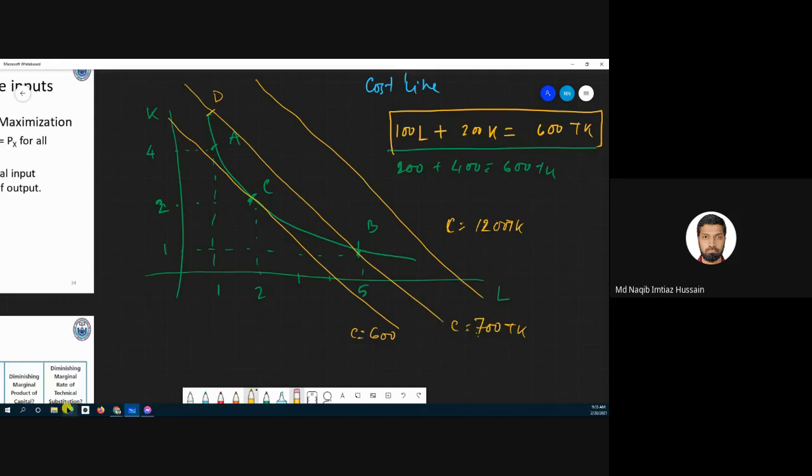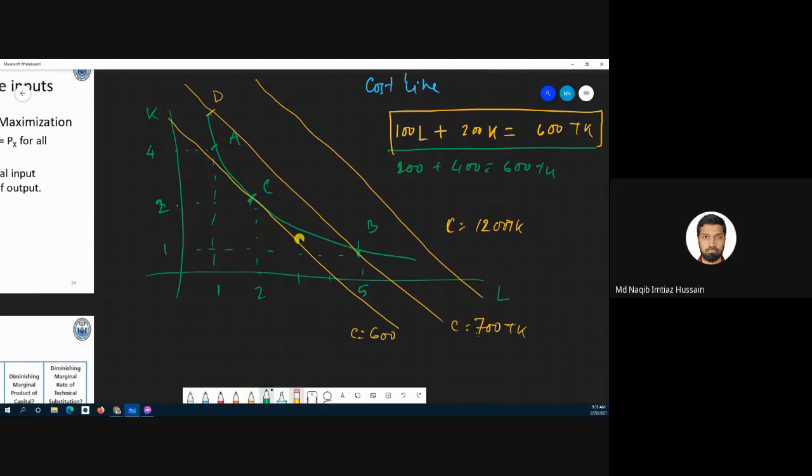The same, right? Everyone is quiet, so maybe something is wrong. Either you are not listening or there is some issue with the internet. Well, because you have A, B and C, all of them are on the same isoquant line, that means you're producing the same output.